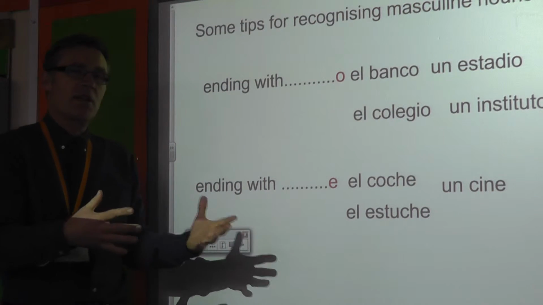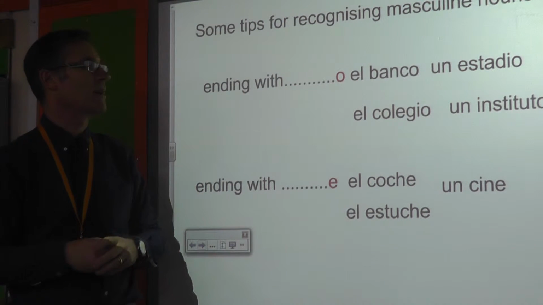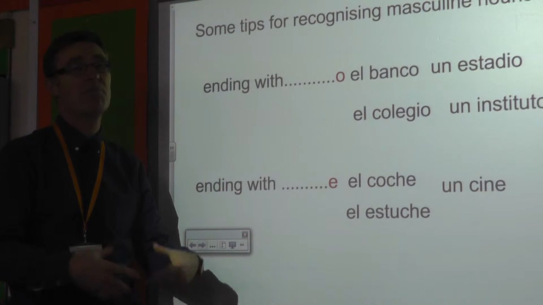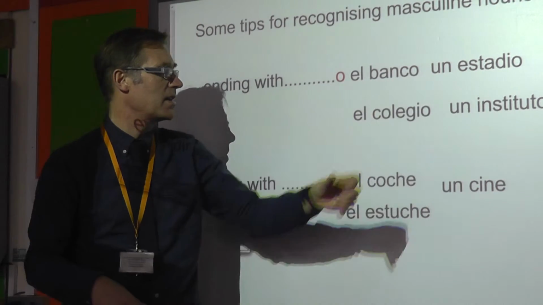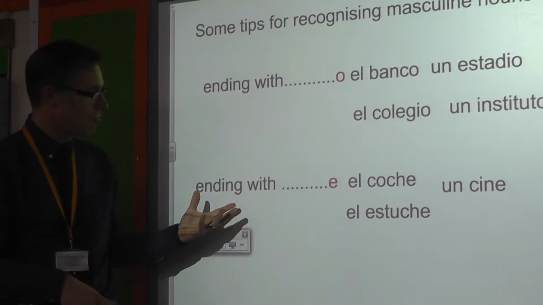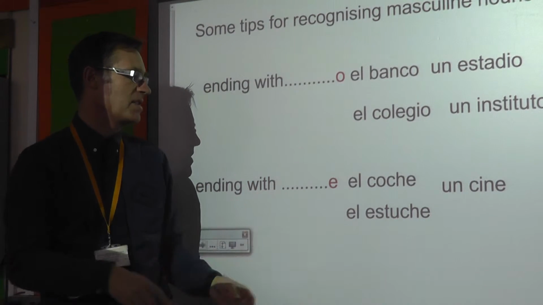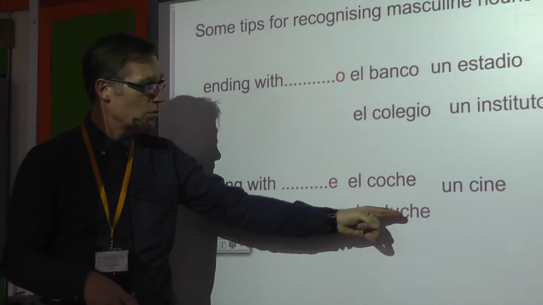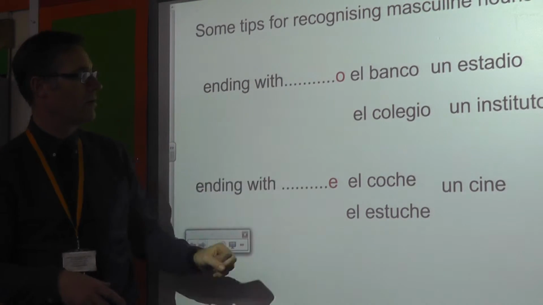Well, one of the early things that we learn is that words that end in o in Spanish are usually pretty certain to be masculine. So we've got el banco, un estadio, el colegio, un instituto. Words that end in e, again, are pretty likely to be masculine. El coche, el estuche, un cine. Okay, so o and e.